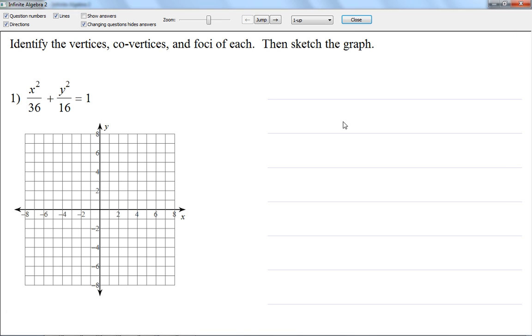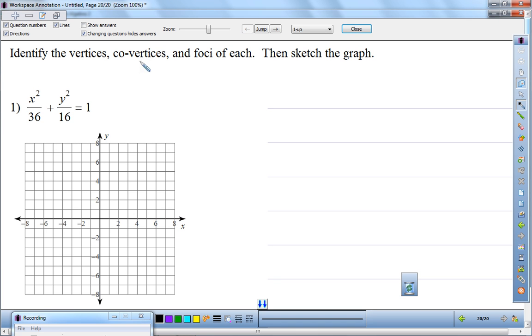And we're told to find the vertices, the co-vertices, and the foci, and then sketch a graph. The vertices, again, are always going to be from the bigger of the two values, a squared. So a squared is equal to 36, which means a is equal to plus or minus 6.